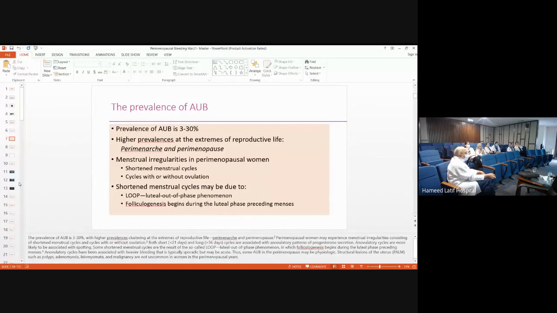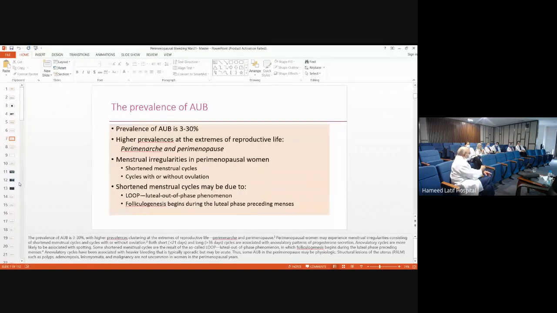Yeah, out of phase phenomena. Normally the follicles start to develop in the follicular phase as we know it, immediately after the menstruation starts. When the menses start, you also say that there are two kinds of phases in the menstrual cycle. One is uterine, the other is the ovarian. Uterine is menses, proliferative phase, and then the secretory phase. And in the ovary, there is the follicular phase, and then there is the luteal phase.